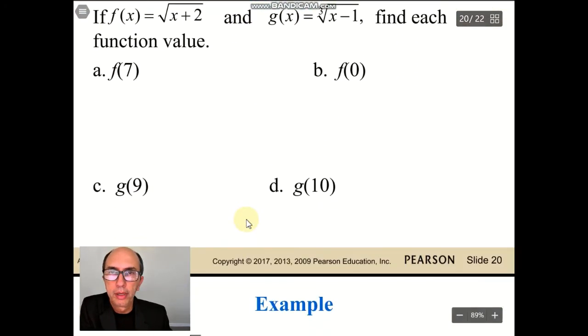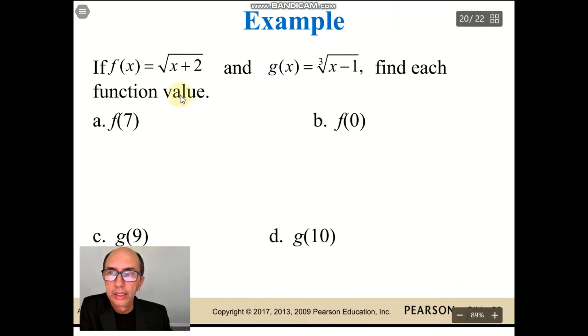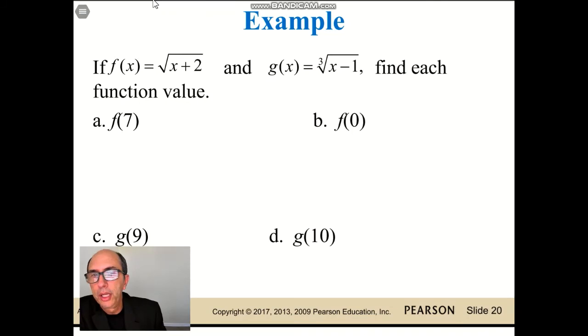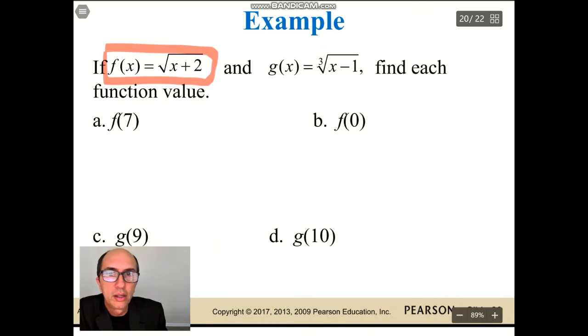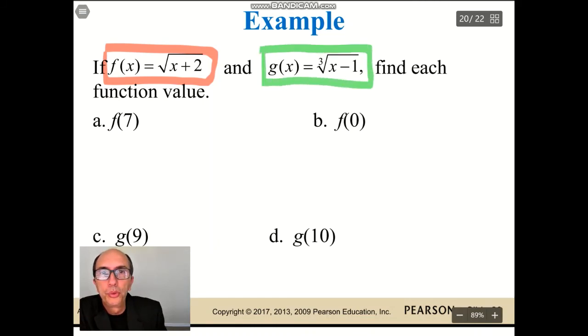Let's check some, let's find first some values. If we have this function here, f(x) equals the square root of x plus 2, and the other function g(x) equals the cube root of x minus 1.